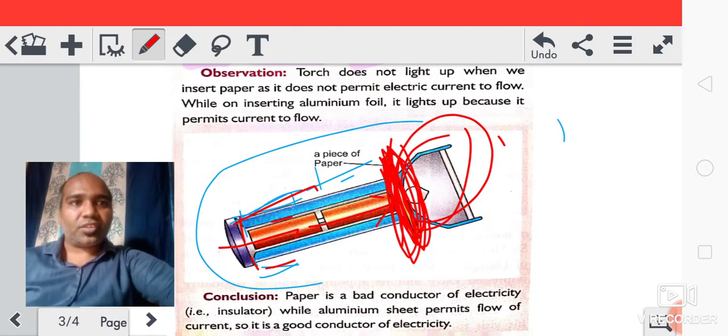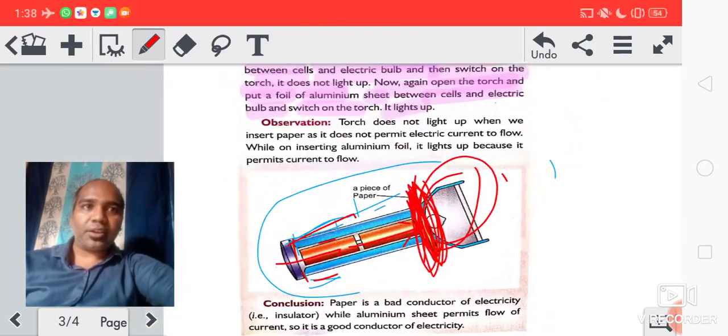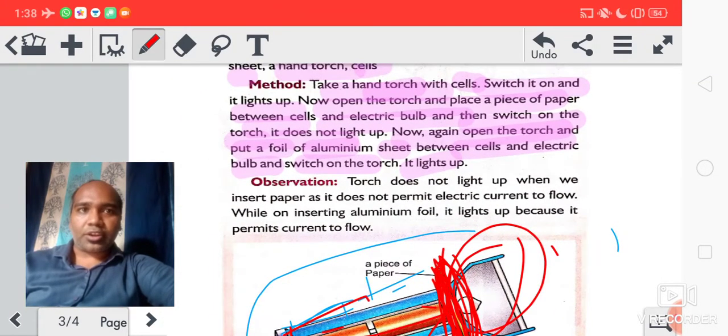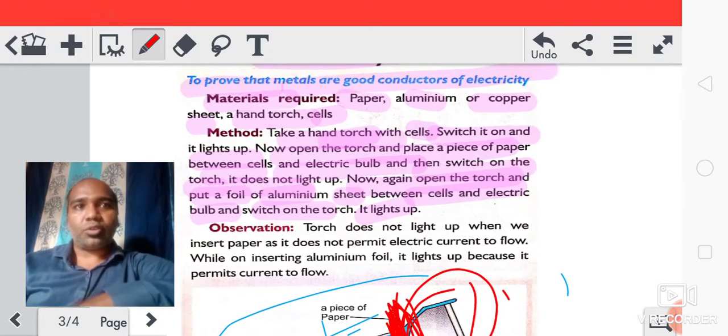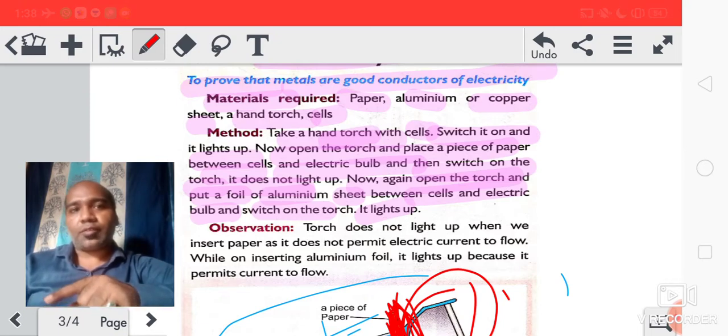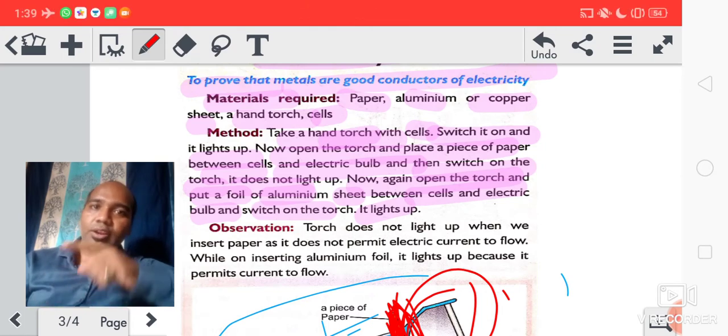Okay, so this is the experiment. If I ask you, you have to tell about this. So what we have learned: good conductors of heat and electricity. What is a good conductor of electricity? The material which allows the current to pass through it is called a good conductor of electricity. Examples: copper, aluminum, silver, gold, all are good conductors of electricity.